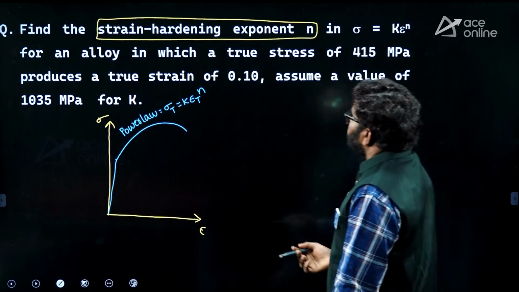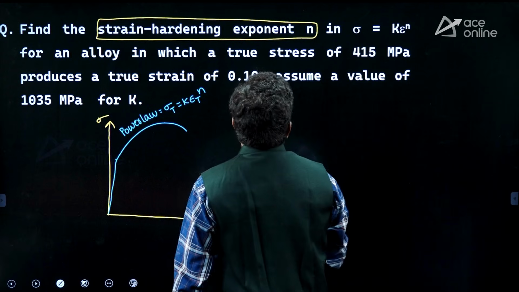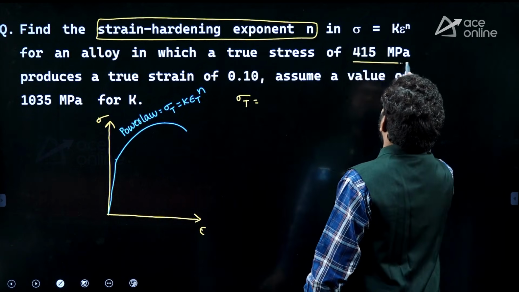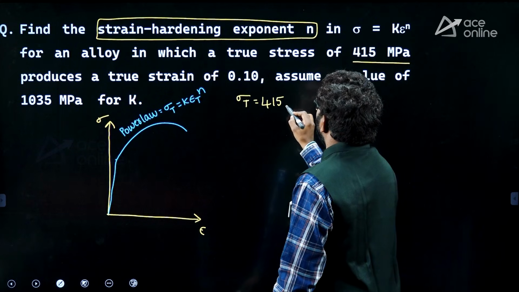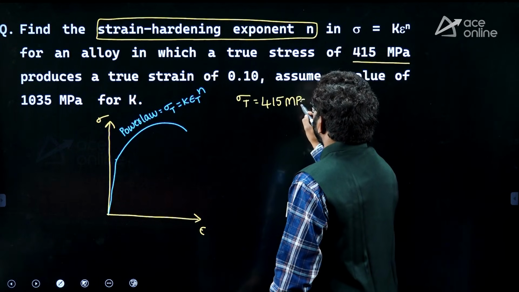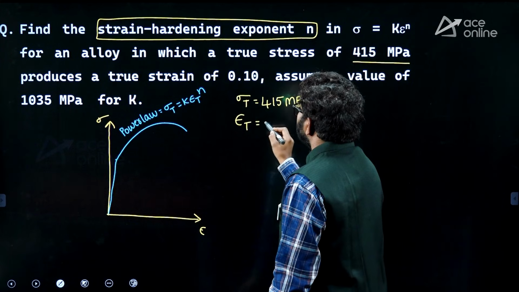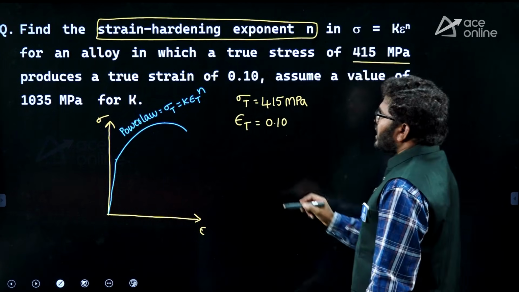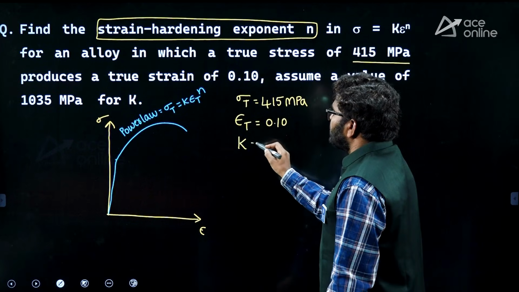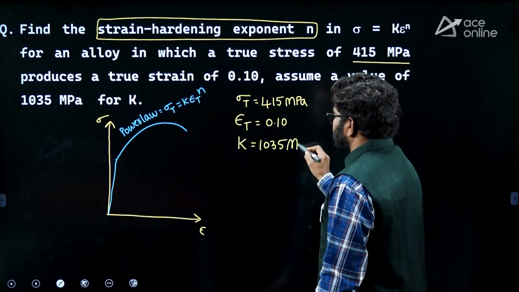Okay, now see here, true stress is given in the question. How much is given true stress? 415 megapascal. So, true stress is given 415 megapascal and true strain is given, that is 0.10, right, and K value is also given, that is 1035 megapascal, right.